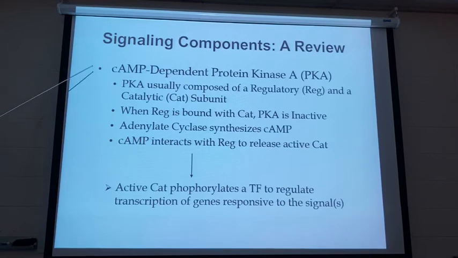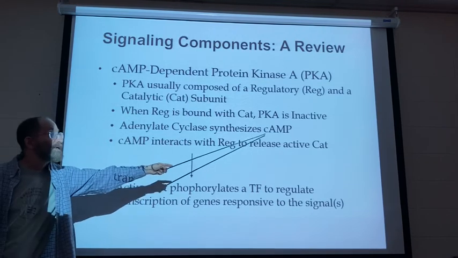So the other type of signaling pathway that we will talk about is something called the cyclic AMP dependent protein kinase A pathway, or PKA pathway. And PKA is usually composed of a regulatory set of subunits that inhibits the catalytic subunit. And it turns out that the regulatory subunit that's blocking the catalytic subunit can be bound by cyclic AMP.